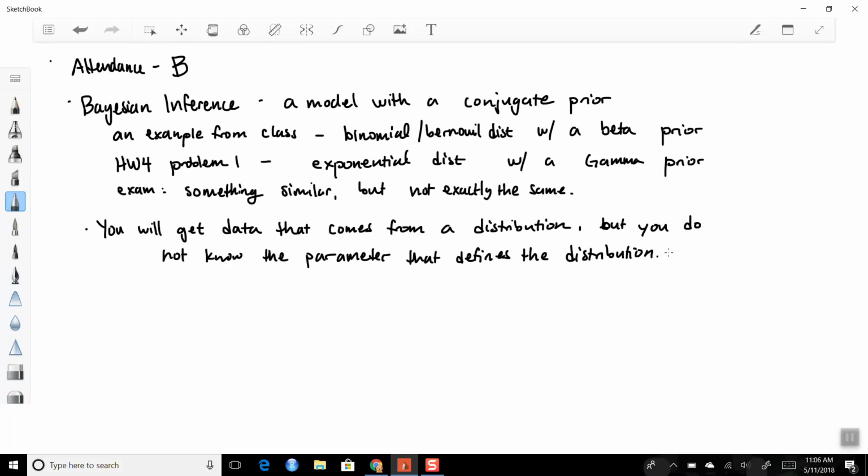So in class we had the example of having the bucket, and we observed some M&Ms. Some were red, some were green, but we didn't know what proportion in the bucket are green. So you'll be given a prior distribution for the parameter.